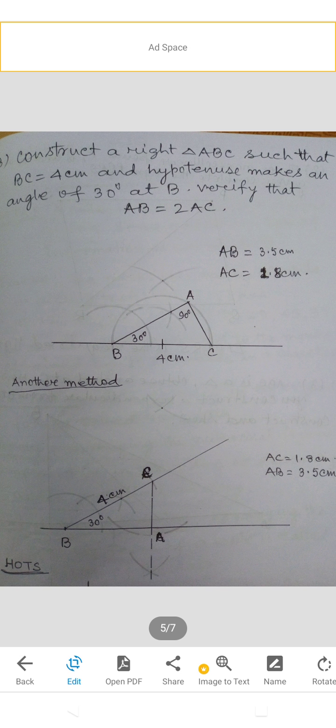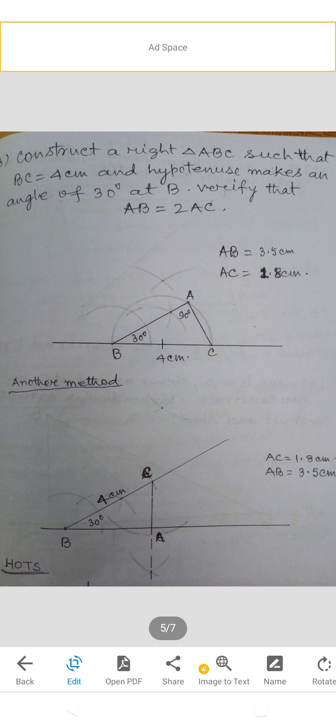Join BA, join AC. ABC is the required right angle triangle. Because the angle in a semicircle is 90 degrees, angle BAC is automatically 90 degrees.